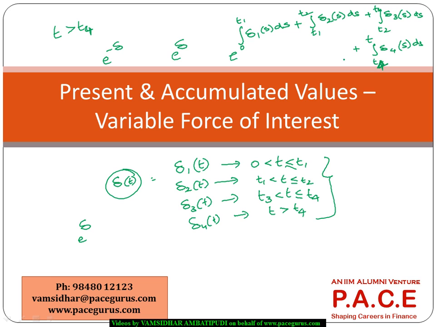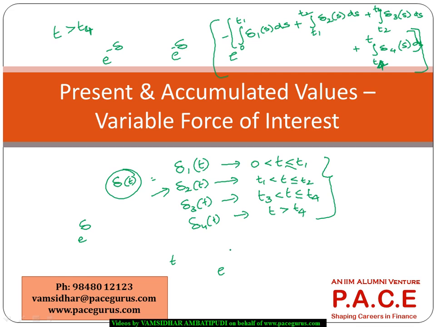If I'm looking at a t which is greater than t4, I'll use this entire formula to obtain the accumulation factor of a cash flow, and I'll use minus delta across to get the present value factor. Now with the same example, let's say I want to know the accumulation factor if t is lying between t1 and t2.